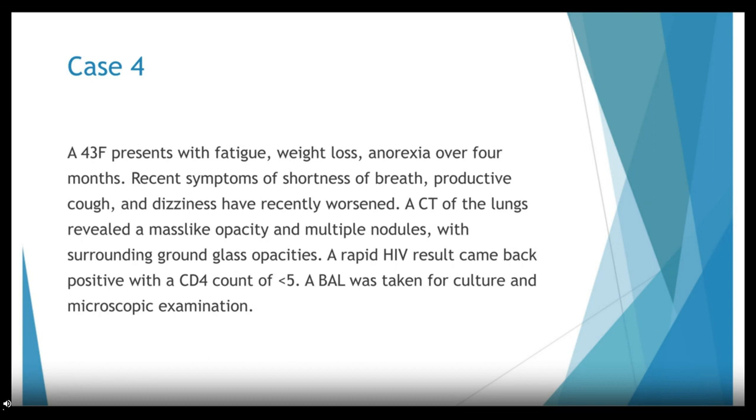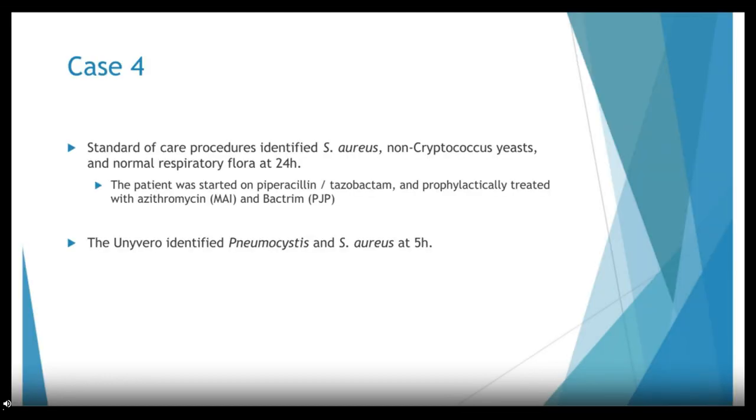And it came back, of course, positive, and the CD4 count was very low. So immediately they're looking at the BAL to see if they can come up with an agent for some of these respiratory symptoms. Our standard of care procedure only identified Staph aureus and some normal flora, non-cryptococcus yeast, and other organisms.